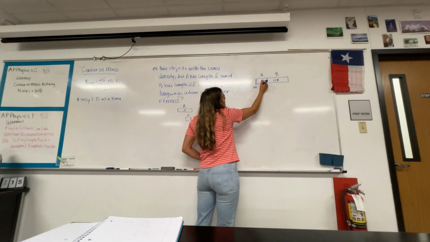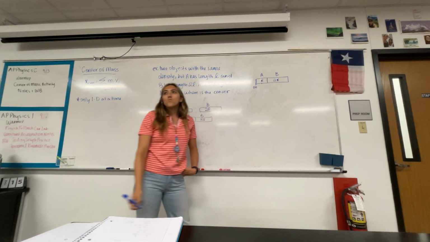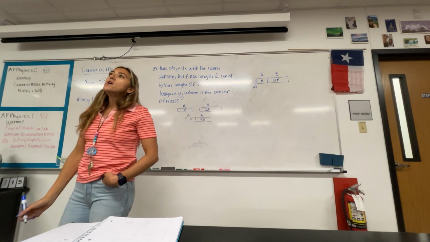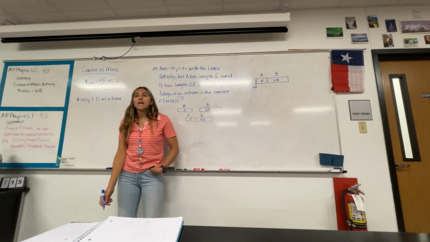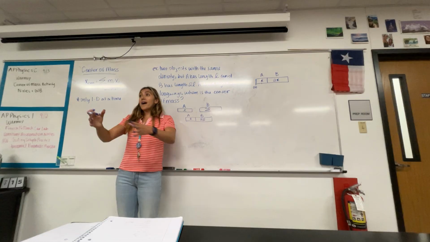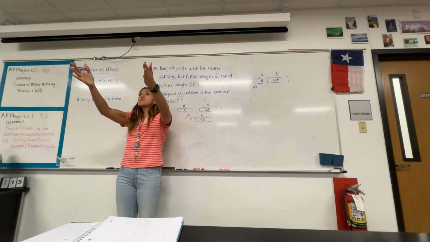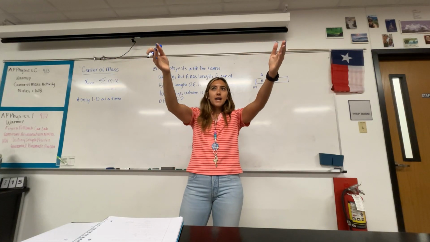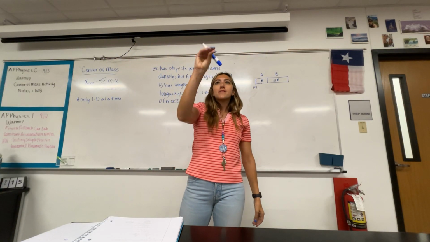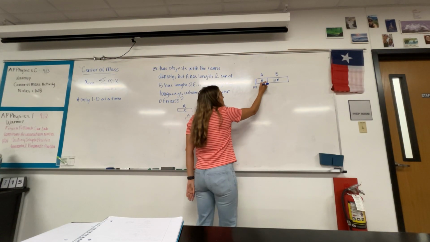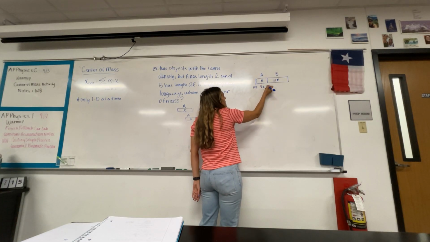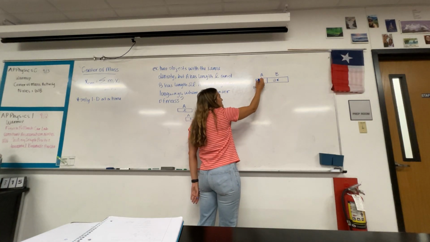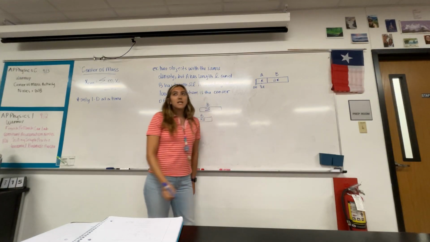Where is the center of mass of object A from 0? 1/2 L, right? It's a uniformly dense object, so its center of mass is directly in the center. That's halfway from the start of object A to the end of object A.